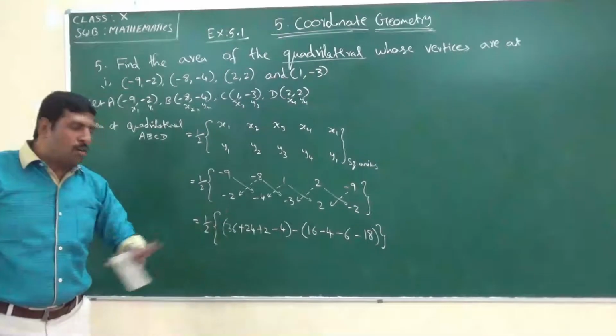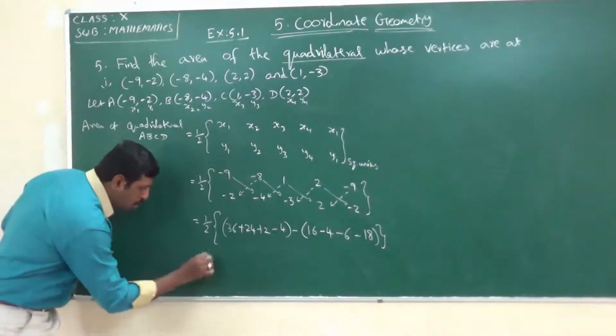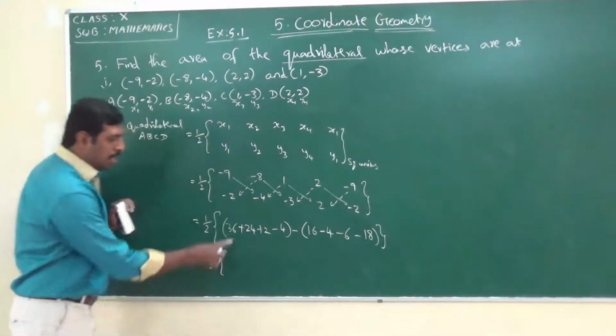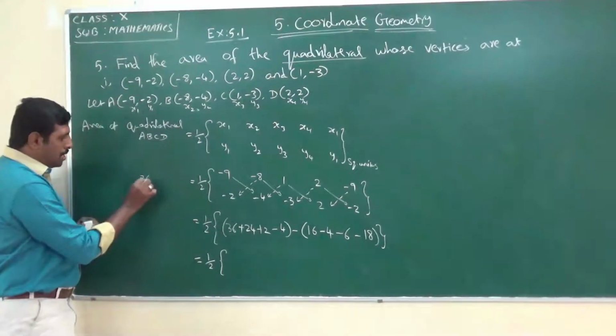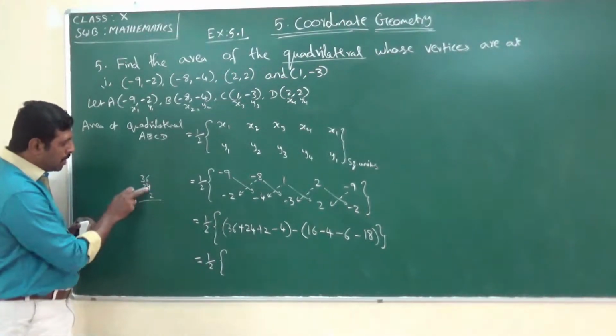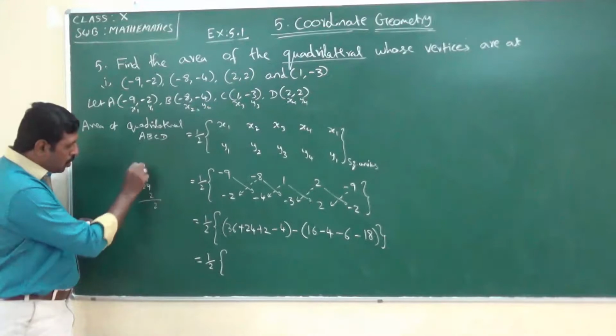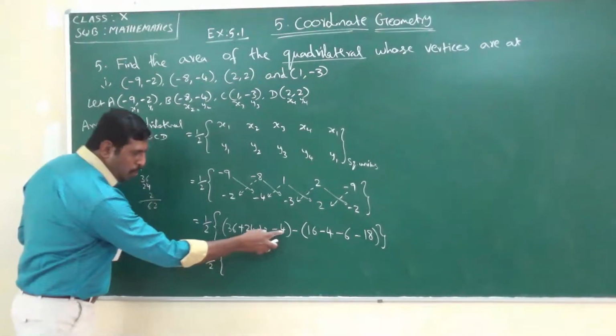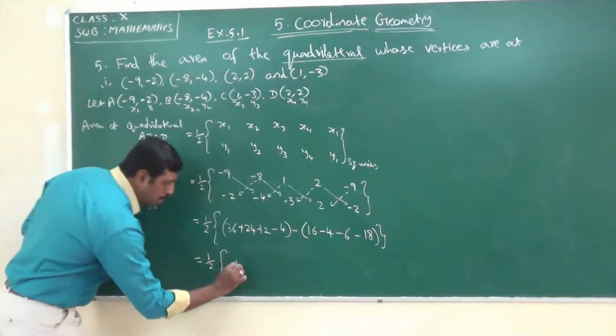Next we have to simplify the terms. This is equal to half into, add the terms 36 plus 24 and then 2. If you add, we get 6 plus 6, 12, 2 remainder 1, that is 62. The sum of this term is 62, minus 4 is equal to 58.